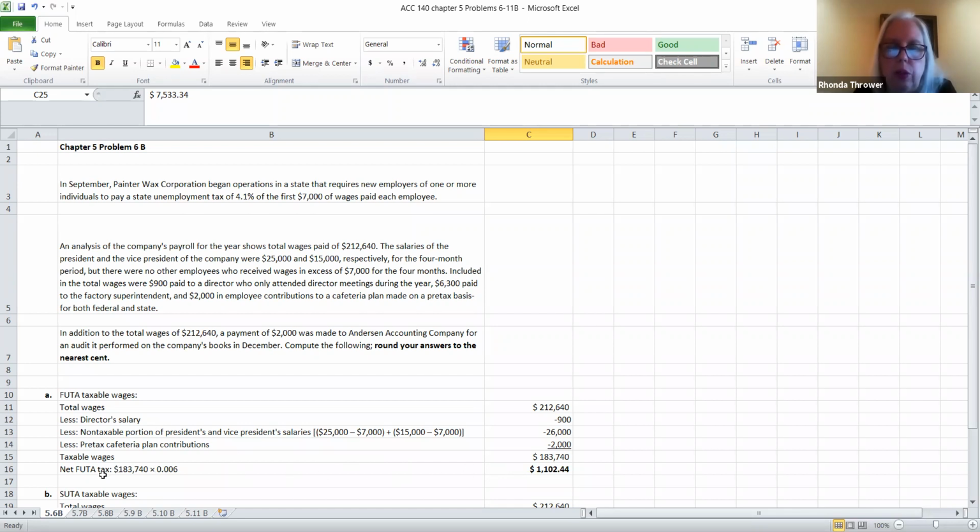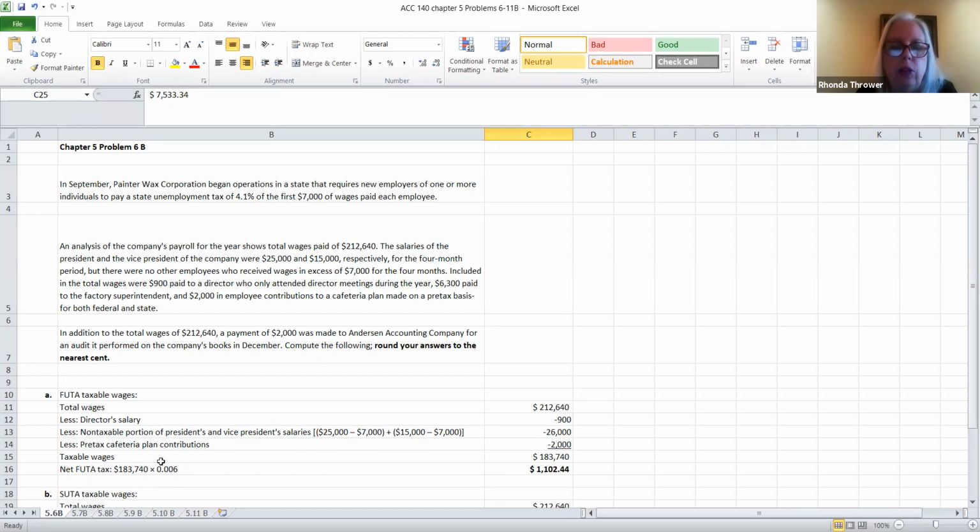So remember, the FUTA tax is a net tax amount. If we paid state unemployment taxes on a regular basis and they were paid on time, we get to take a credit toward our gross FUTA tax. The gross FUTA tax is 6%, but we get a 5.4% credit for paying our state unemployment taxes on time.